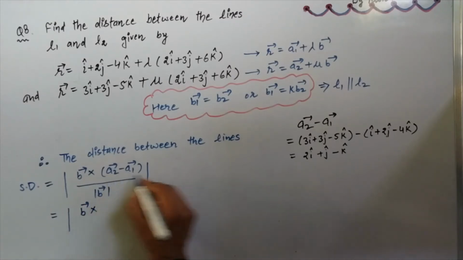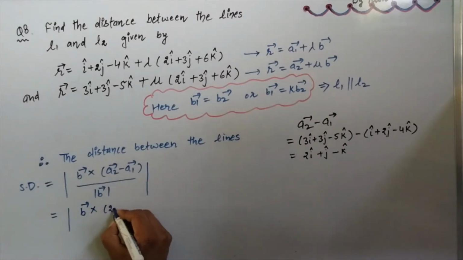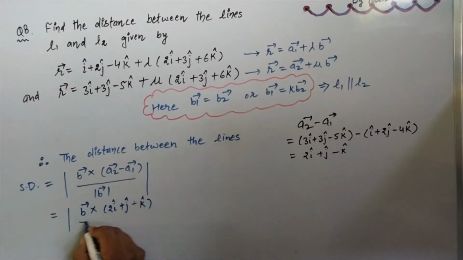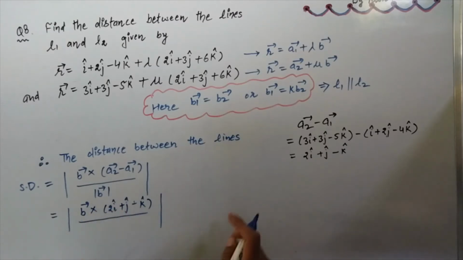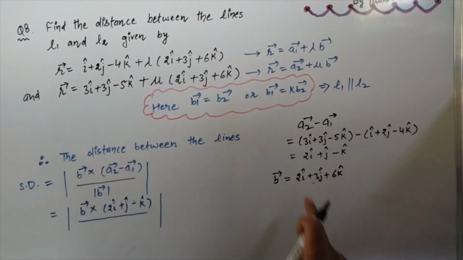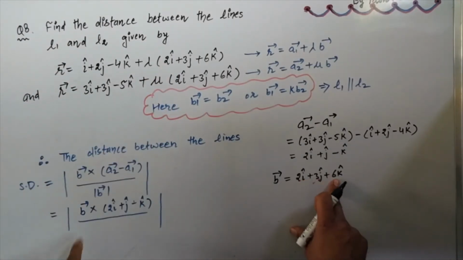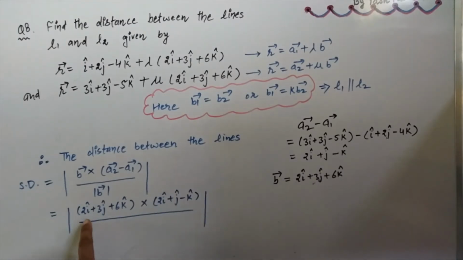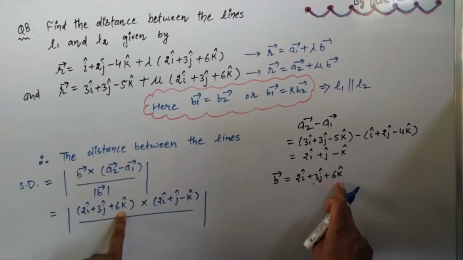So we substitute the value: the shortest distance is b cross (a2 minus a1), where a2 minus a1 is 2i plus j minus k, divided by the magnitude of b. First of all, what is b? The b vector is 2i plus 3j plus 6k.